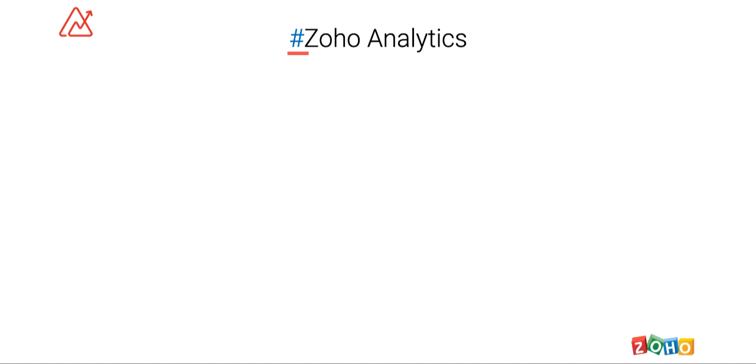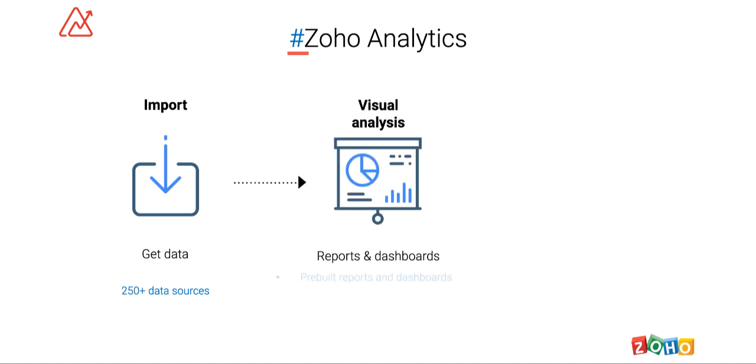Some more points about the product. Zoho Analytics can help you fetch data from more than 250 data sources in the forms of files, feeds, local databases, cloud databases, and also business applications. With that data inside Zoho Analytics, you can visually analyze with more than 1,000 pre-built reports and dashboards.